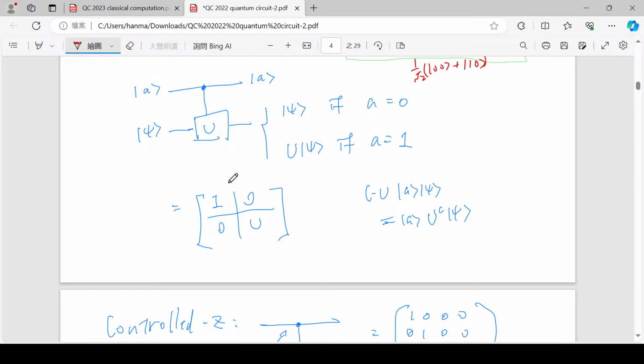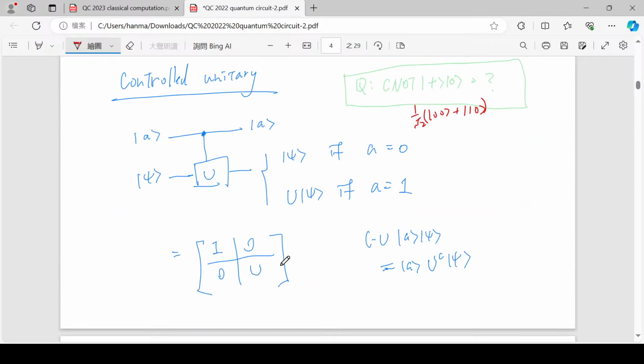So the controlled unitary, and you write in the matrix form is I and U. And yeah, so what it does is, see, you on a tensor state, so some computational basis A and some whatever state phi, and it will be A and, oh, here we have a typo, A and U to the A phi. So if A is 0, then U to the 0 is identity, and if A is 1, U to the 1 is U. Okay.